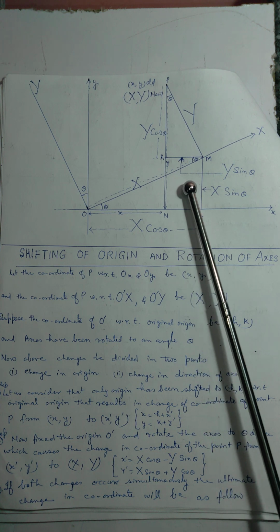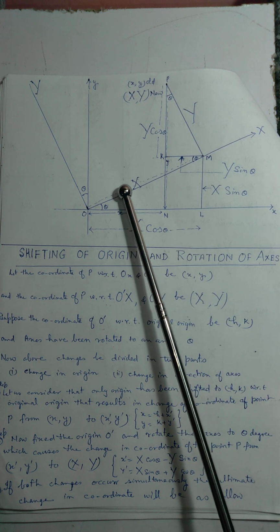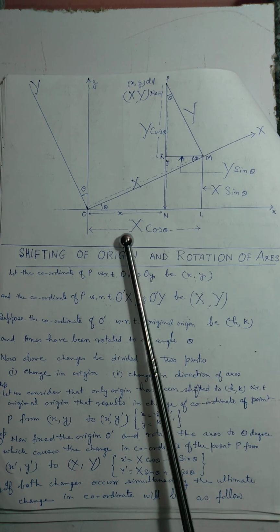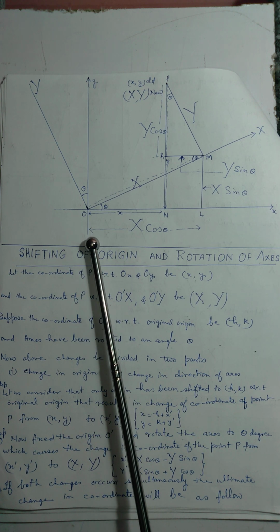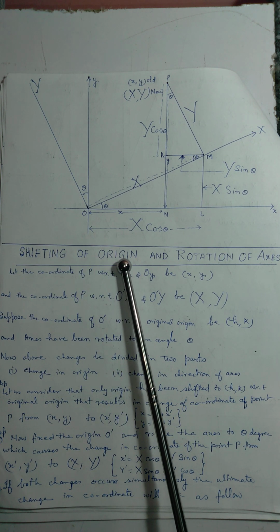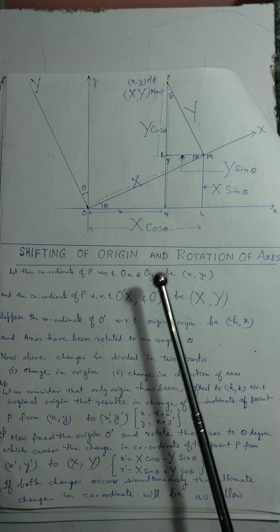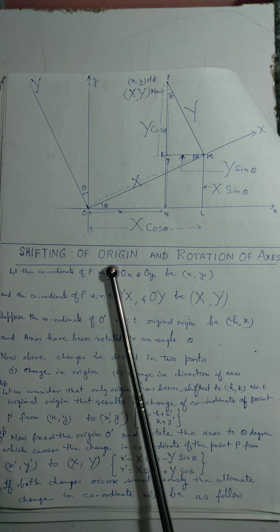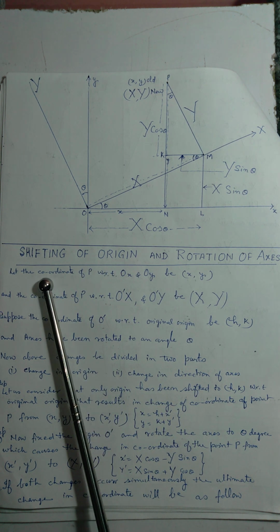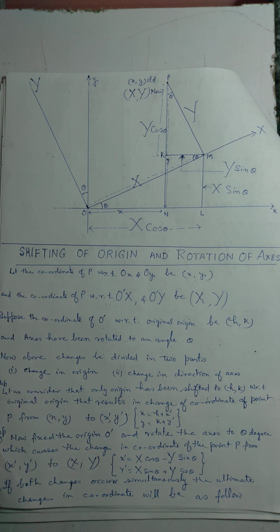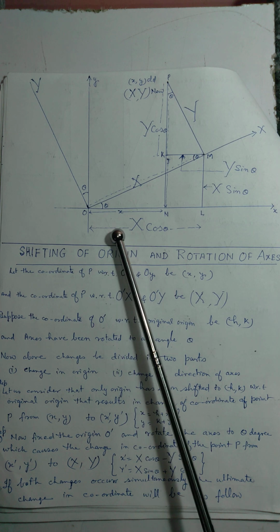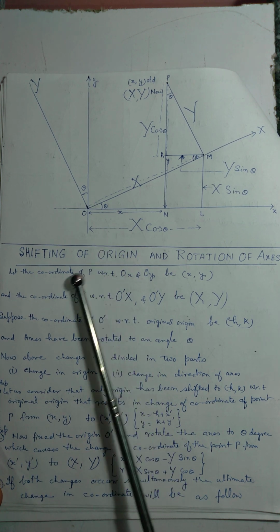Now this is the rotation form of the axis. Now when both shifting of origin as well as rotation of axis are there, you can say both situations have been combined.